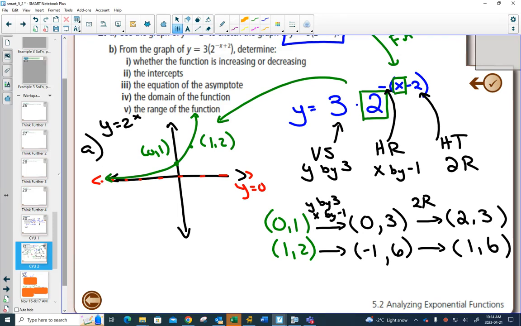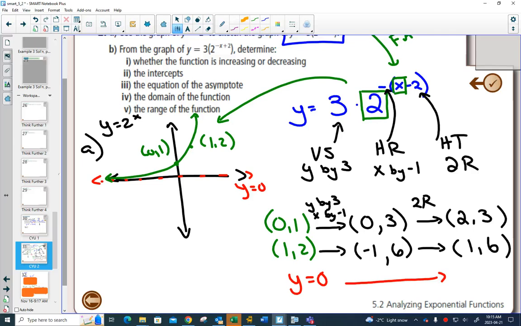The other thing that we're going to need to do with an exponential graph is we have to figure out what's going to happen to the asymptote. Now, since the asymptote starts at 0, multiplying it by anything won't make a difference, because 0 times 3 is still 0.